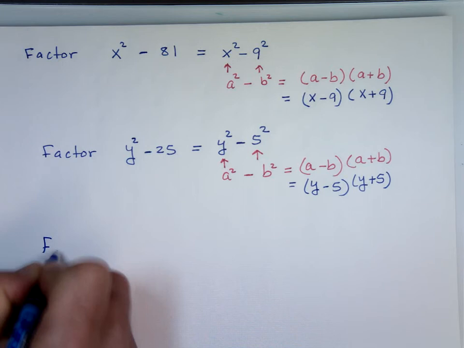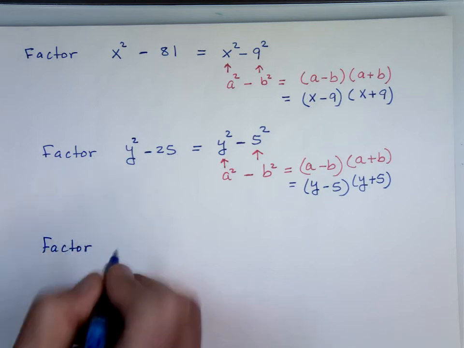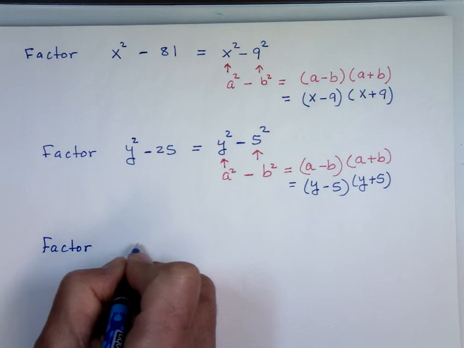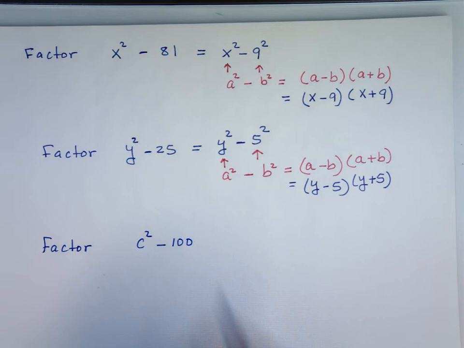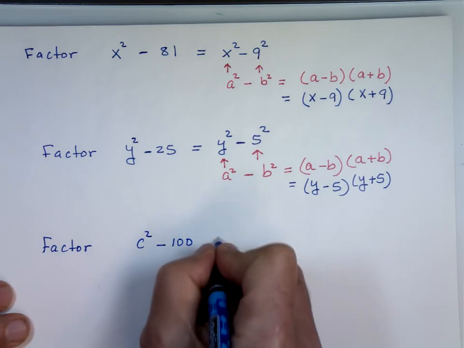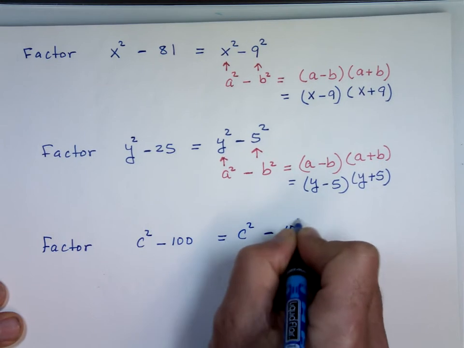Factor c squared minus 100. That's c squared minus 10 squared. That's what 100 is.